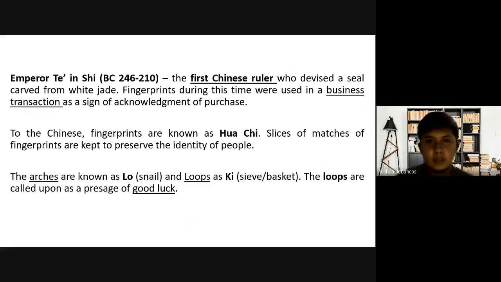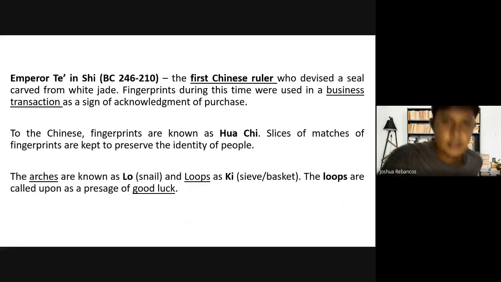Ito yung types ng fingerprint pattern, ridge pattern. We have the arch, and we have the loops and the whorl. Pero dito, ang loops naman sa China, key ang tawag nila, or seed basket. The loops are called upon as a presage of good luck. So, arches, loop, low key. Yan tawag nila.